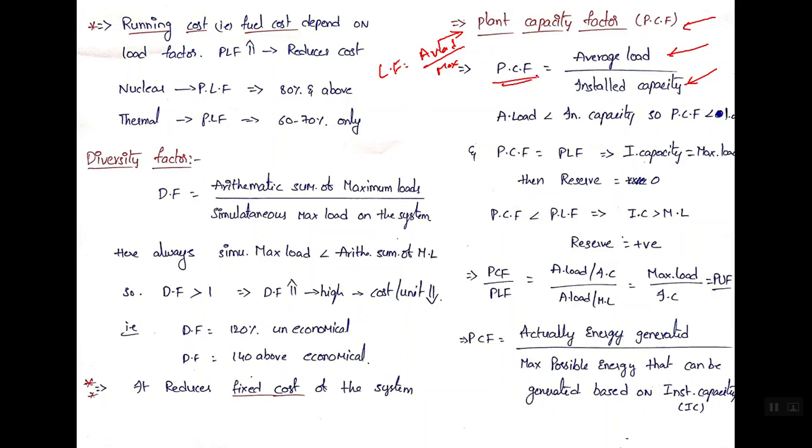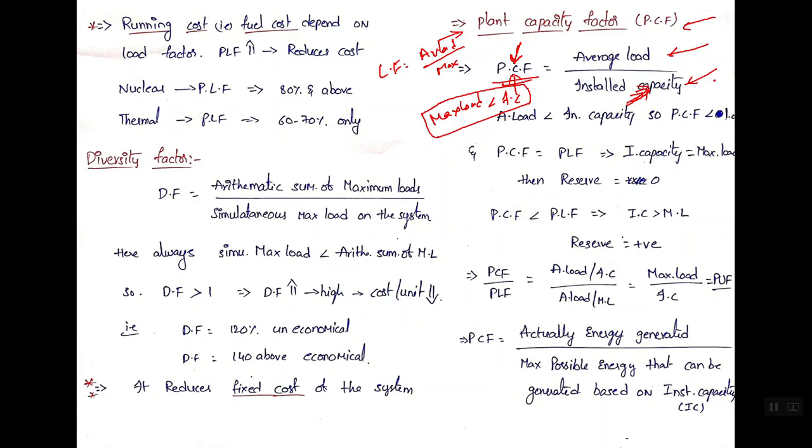For plant capacity factor, remember that the C in capacity indicates installed capacity. PCF, that is capacity factor, is based on installed capacity. We know that maximum load is less than installed capacity.